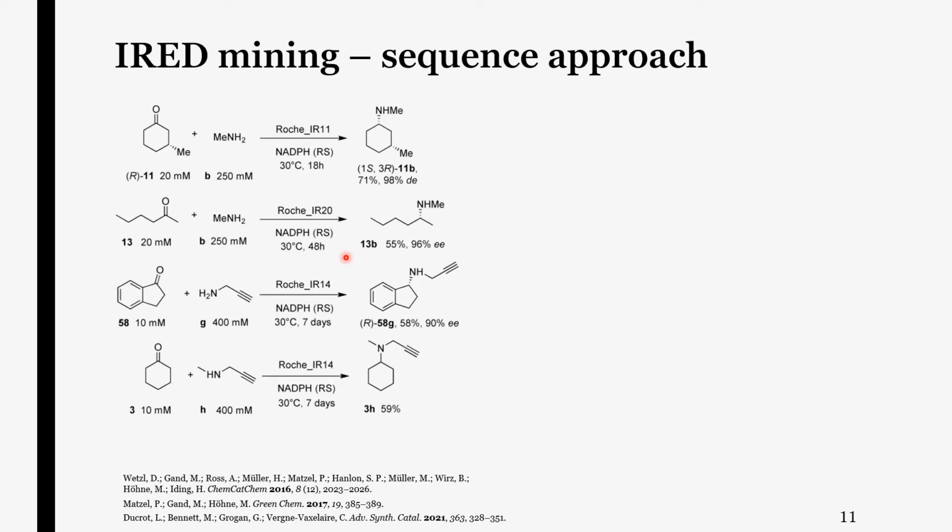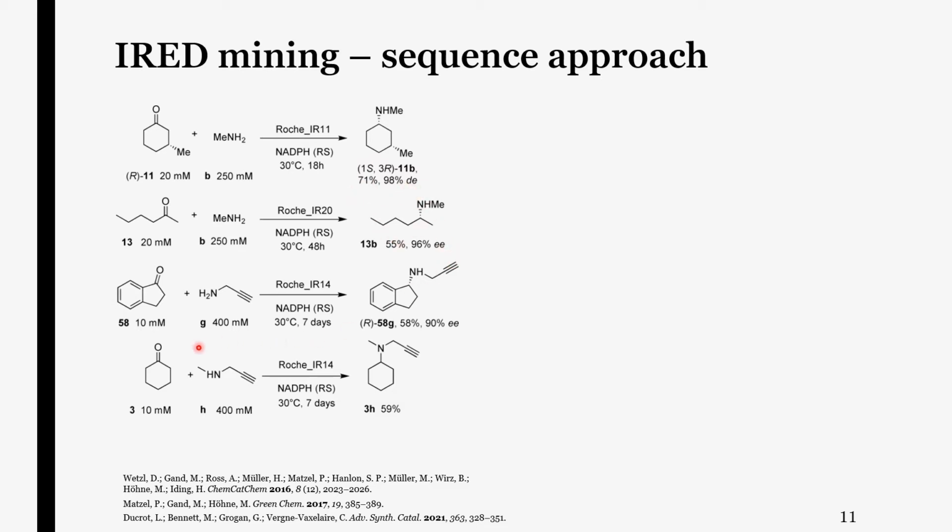And with a special approach, they could identify different kinds of novel IRED candidates. So they have different kinds of carbonyl compounds combined with methylamine, which were quite nicely converted to the chiral amines with high conversion and enantiomeric excess.